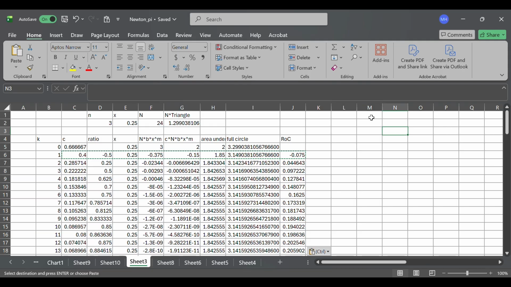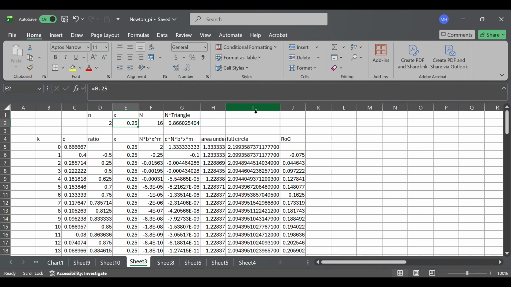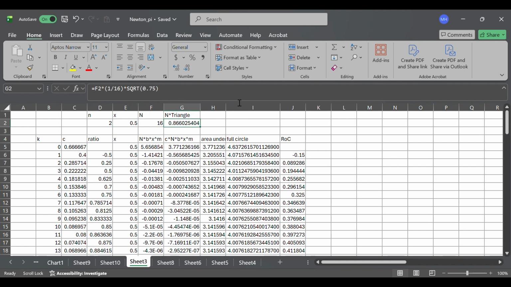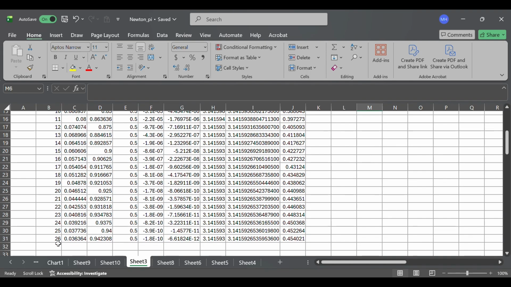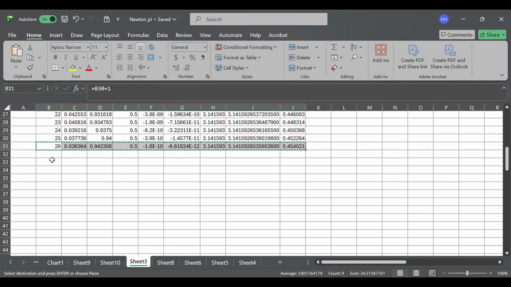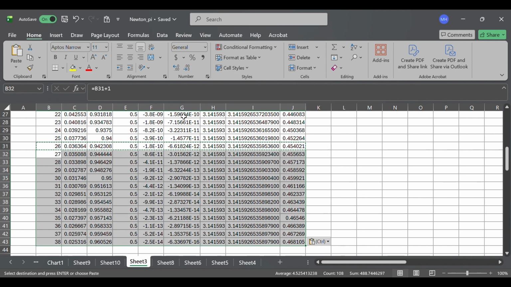So all we'll have to do is go back to our previous calculation and change the parameters here. Here we use x equal to 0.5. There's no triangle. And then we'll have to add some terms because it didn't converge after 26 terms.